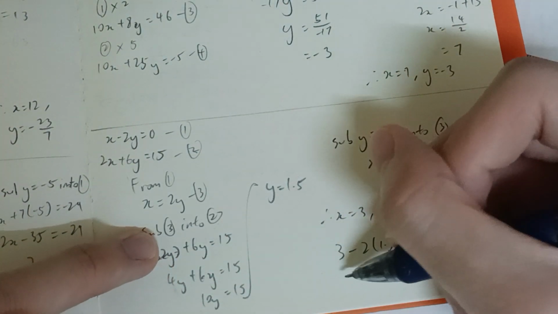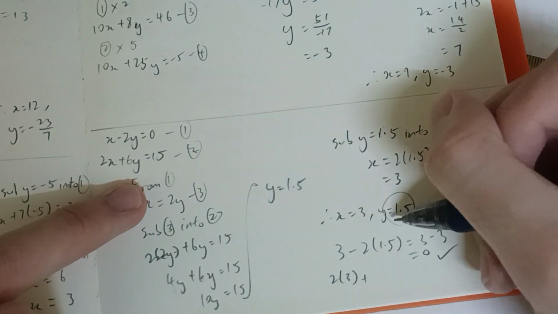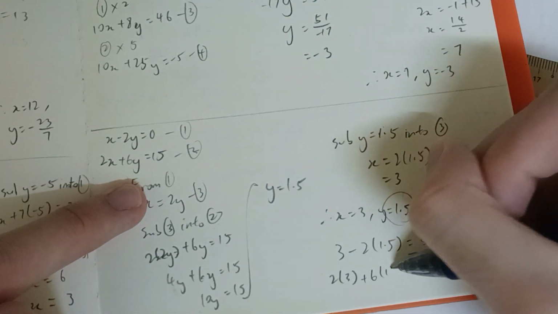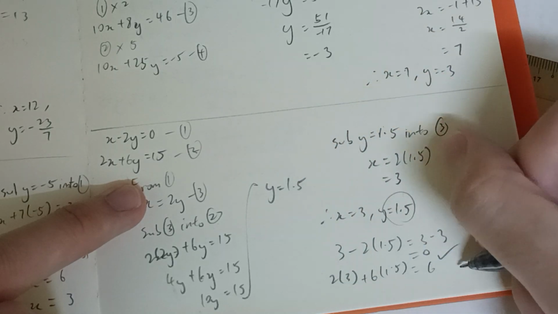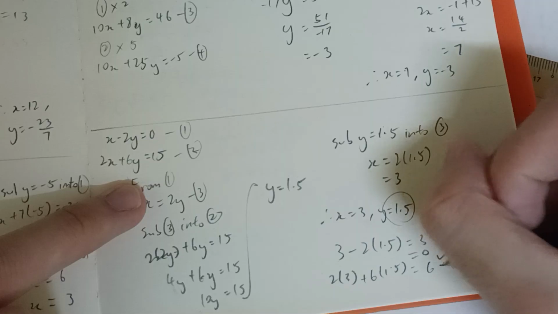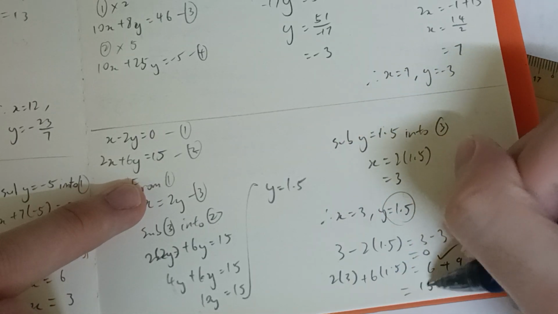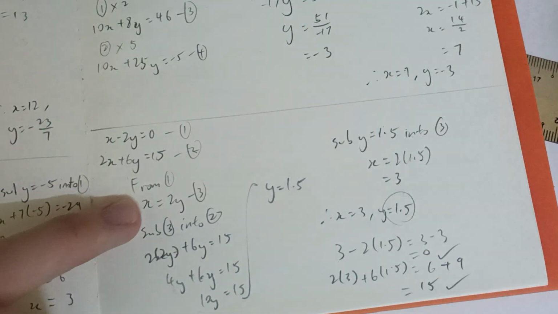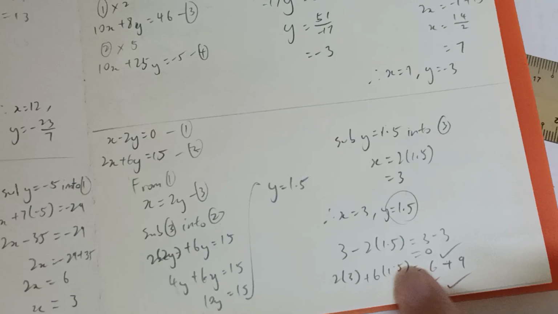And 2x, which is 2 bracket 3, plus 6y, 6 bracket 1.5. Okay, 2 times 3 is 6. 6 times 1.5 is 9. 6 plus 9 equals to 15, which is also correct. So just a tip on how to check whether your answers are correct. Again, you substitute back in the original equation.